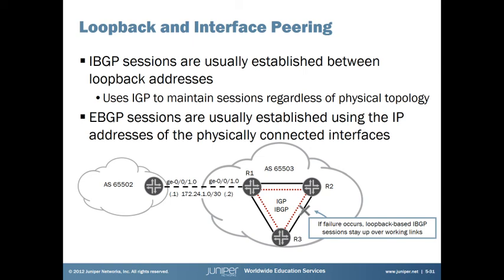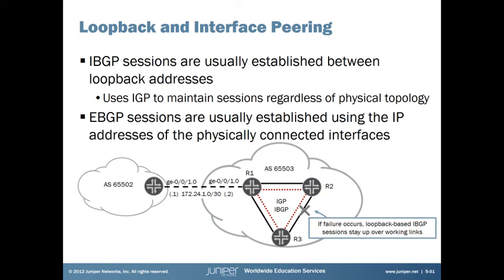The reason for that is because those addresses don't change. The loopback is always active. It's possible for a physical interface to go down, to lose connectivity, but the loopbacks are always up. What you don't want is instability within your peering arrangements.